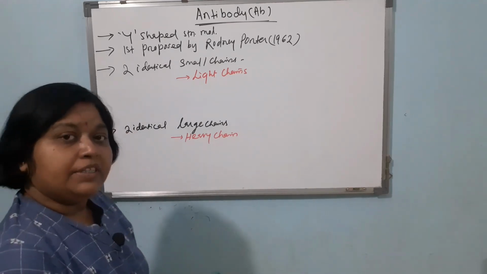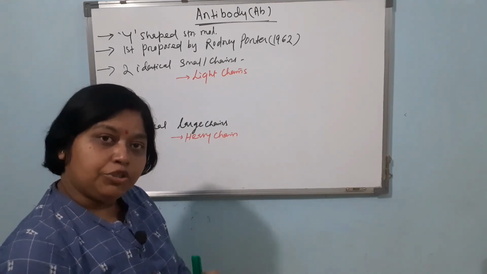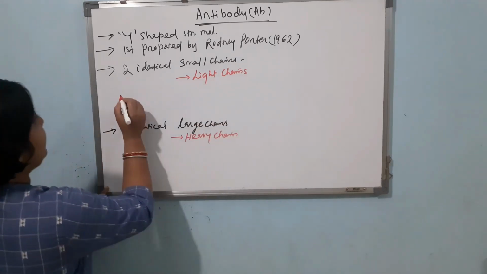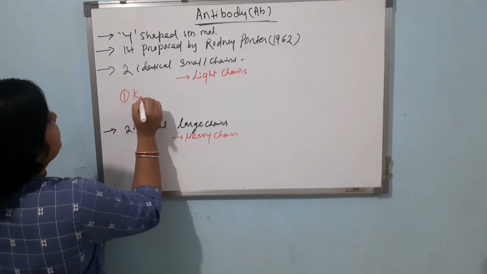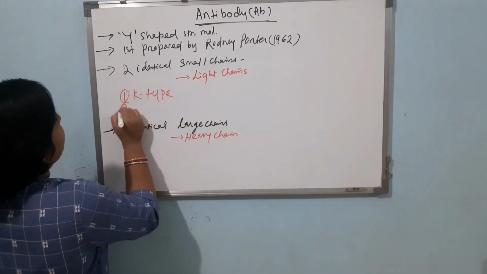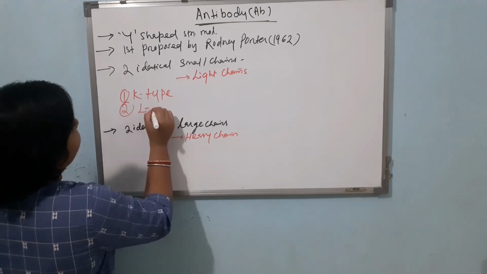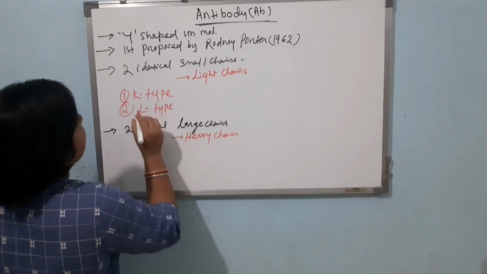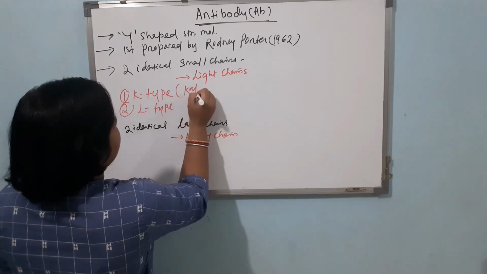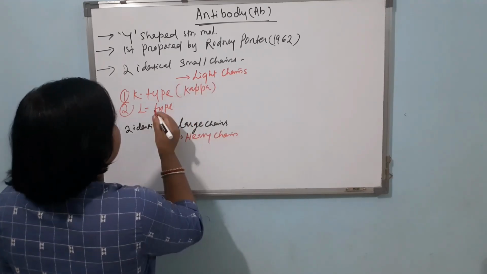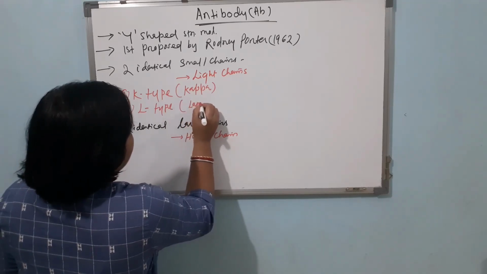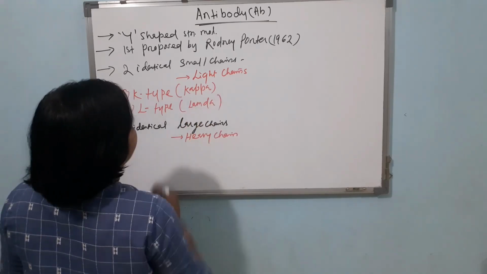On the basis of its structure and amino acid sequence, this light chain is of two types. One is K type, another one is L type. This K type is also known as kappa type and this L type is known as lambda type.